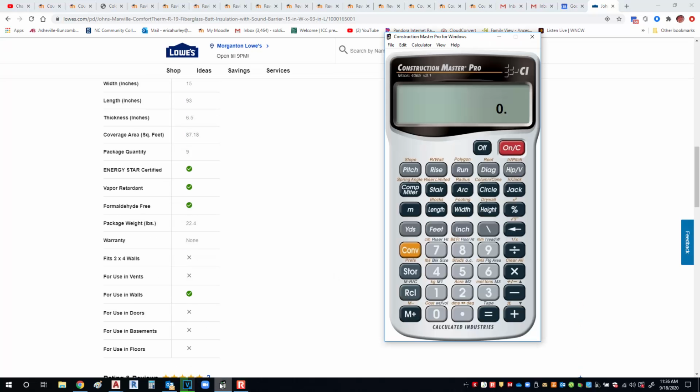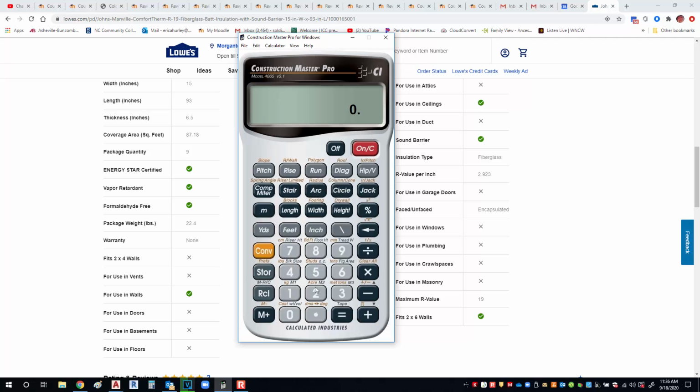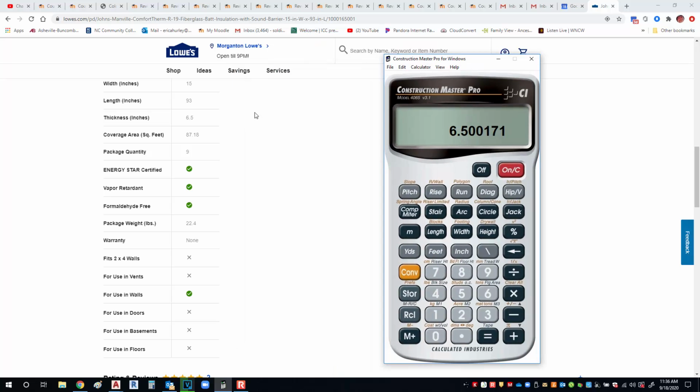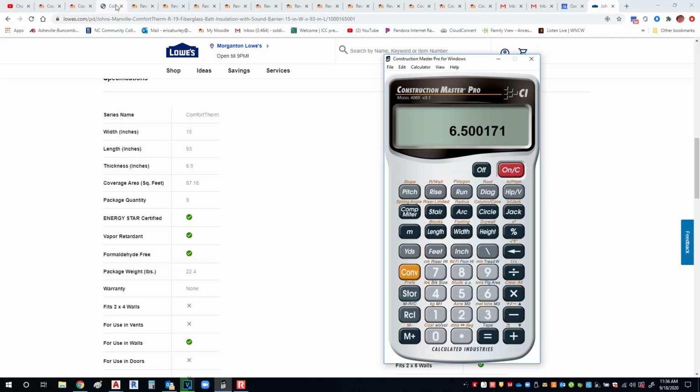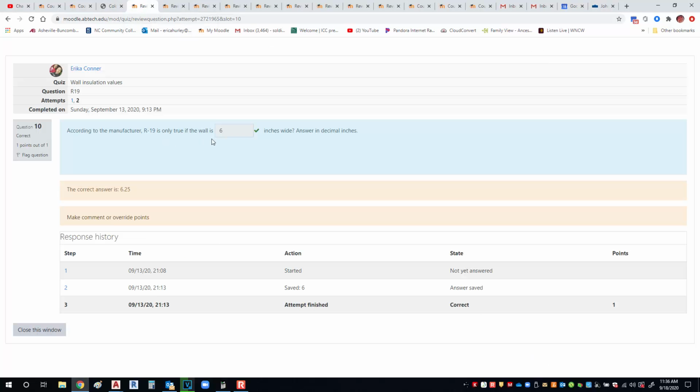Let's pull up the old handy dandy calculator here. Actually, let's go a different way. Let's say R19 divided by 2.923 equals 5.5 inches. I gave a little leeway on that, so if you put 6, that's fine.